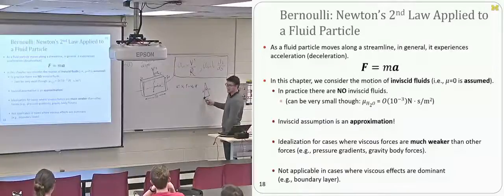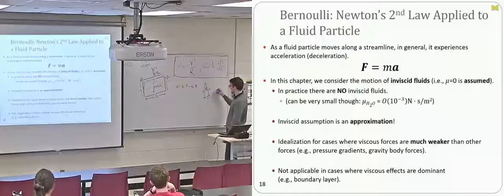Alright, we know the weight is the hypotenuse of this triangle at angle theta. What's this component that's directed along the streamline? Just this leg. Okay. It's just W sine theta, right?